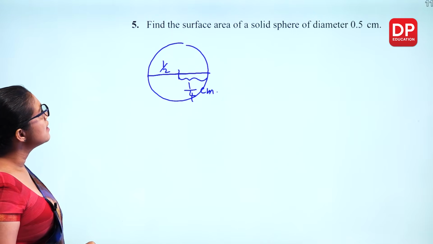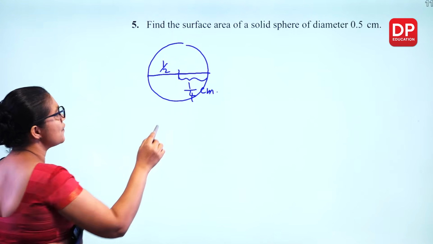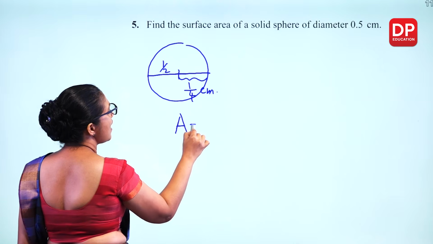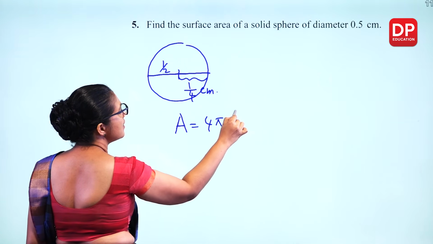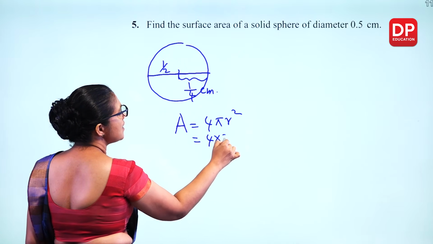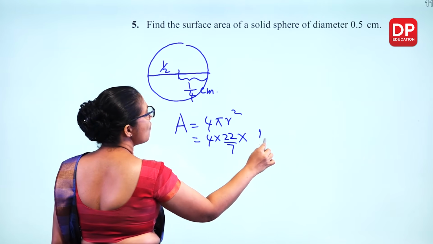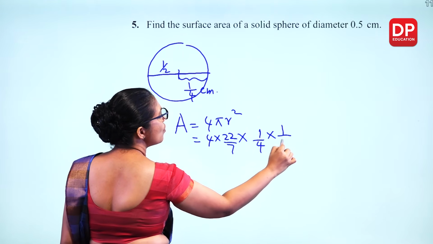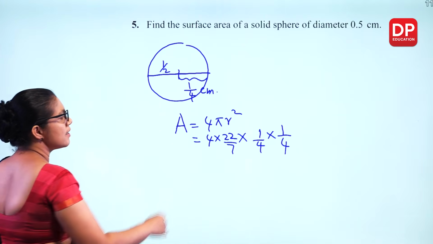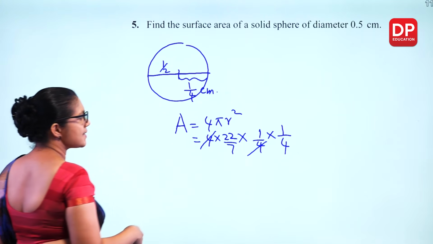Now we'll use the formula. This is a solid sphere, so the surface area is 4 pi r squared. 4 times pi, which is 22/7, and the radius is 1/4 times 1/4. We can see the 4 gets cancelled out.